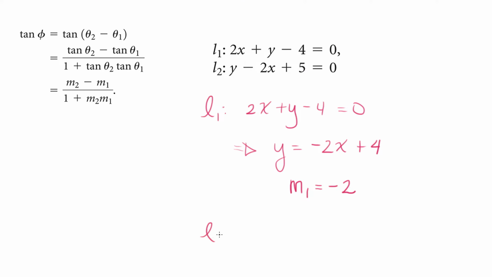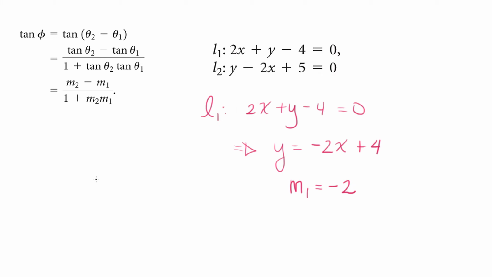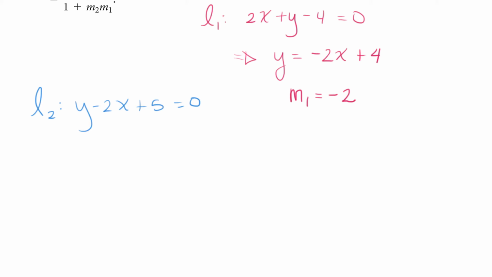So for L2, let me use a different color. Let me erase. So for L2, you have y minus 2x plus 5 equals 0. You still have to have it in y equals mx plus b.